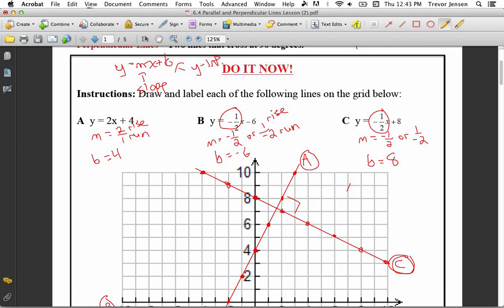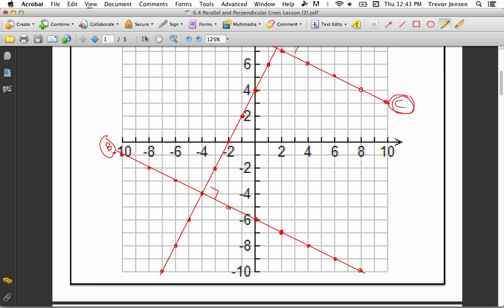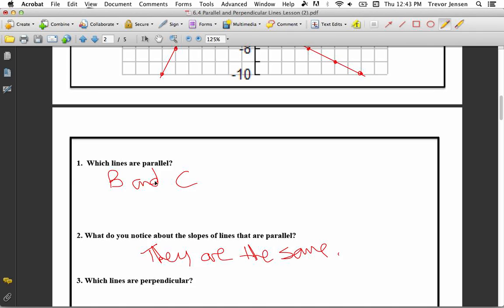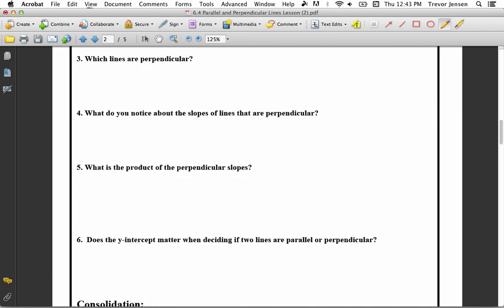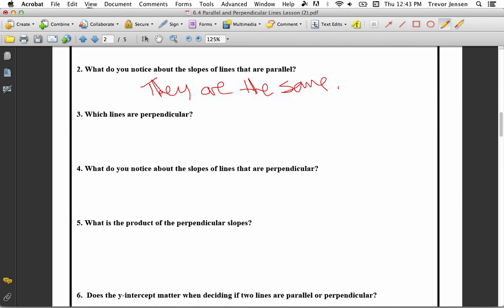Okay, so line A is perpendicular to both C and B. Which lines are perpendicular? A is perpendicular to B and C.